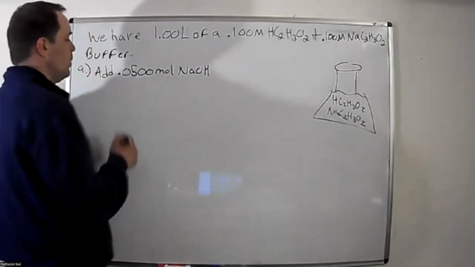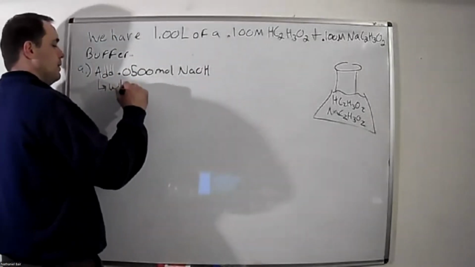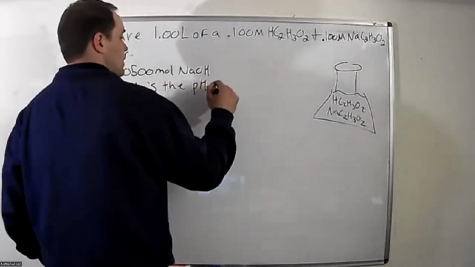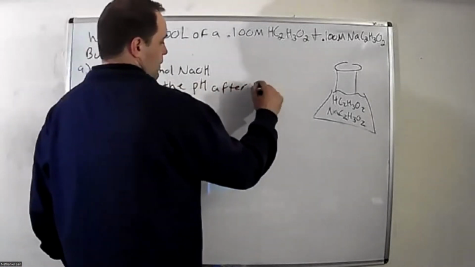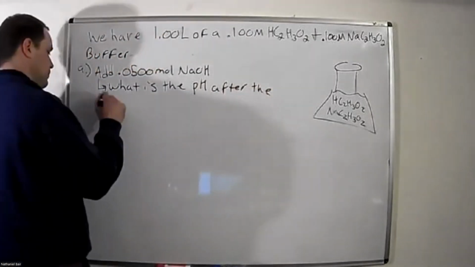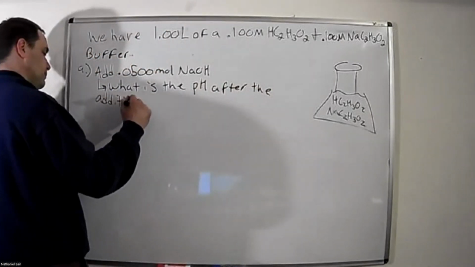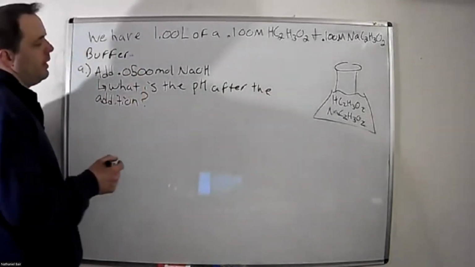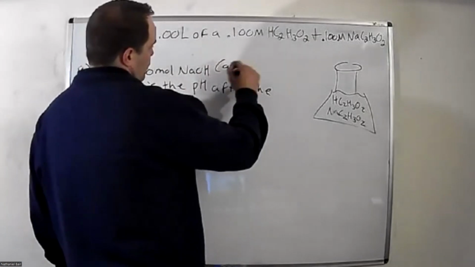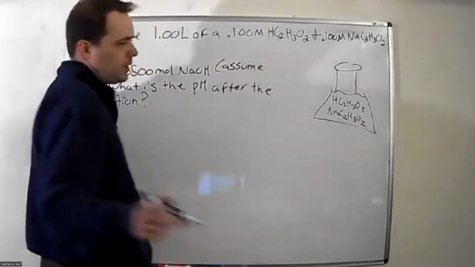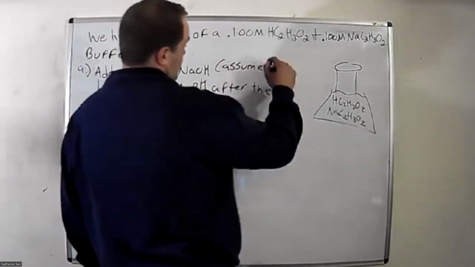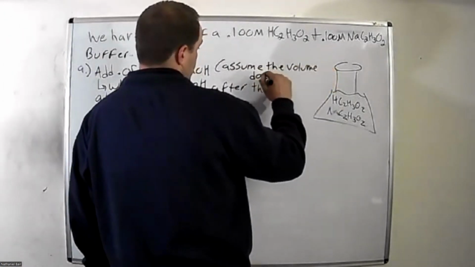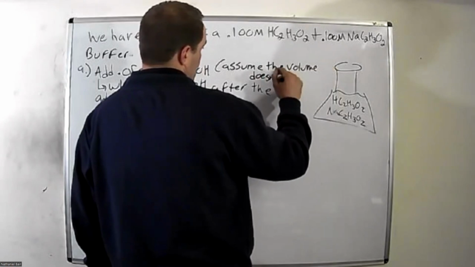And I would like to know what the pH is after the addition. And furthermore, let's assume for these problems, because this is what's going to make this easier, that the volume doesn't change.